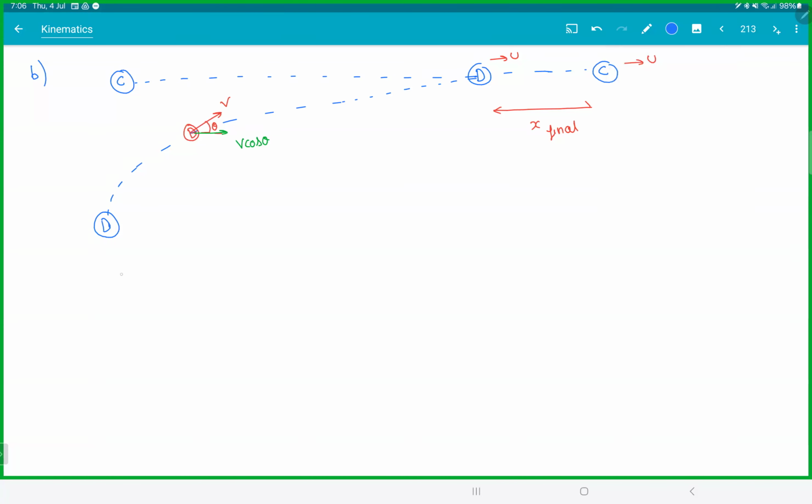So I can write like this: the horizontal distance traveled by cat minus horizontal distance by dog. The difference should be the x final. There is a final distance between the cat and the dog.